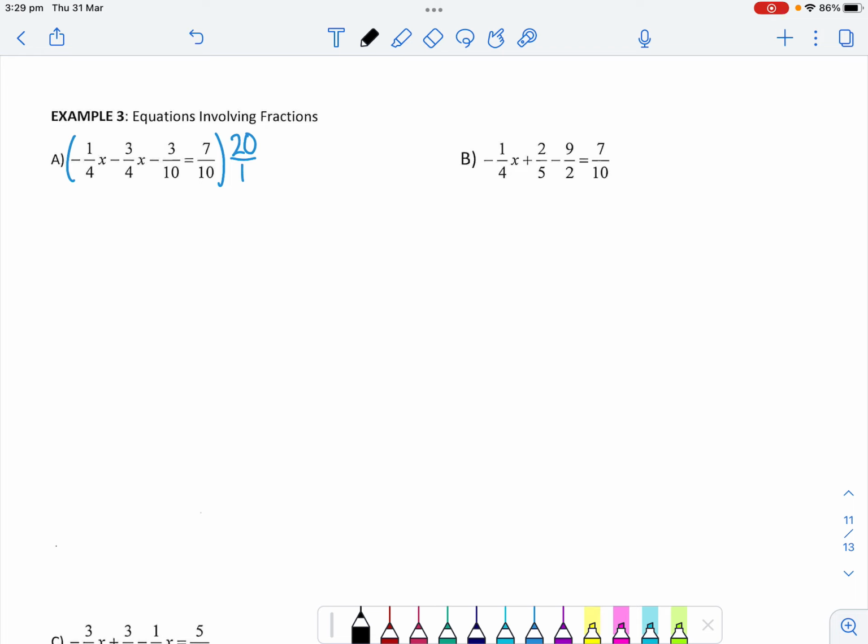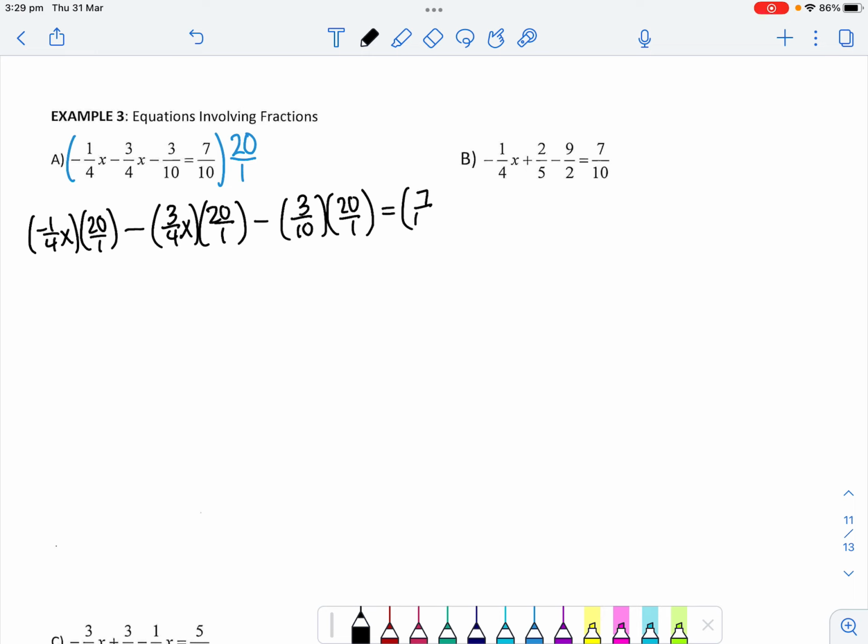So this is going to be -1 over 4x times 20 over 1, 3 over 4x times 20 over 1, minus 3 over 10 times 20 over 1 equals 7 over 10 times 20 over 1.